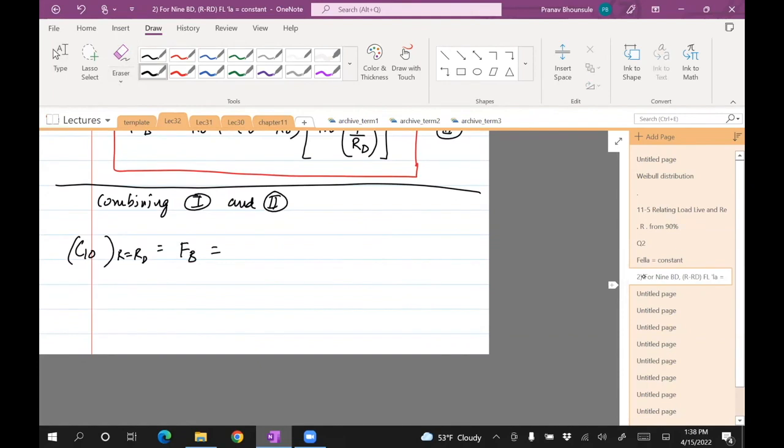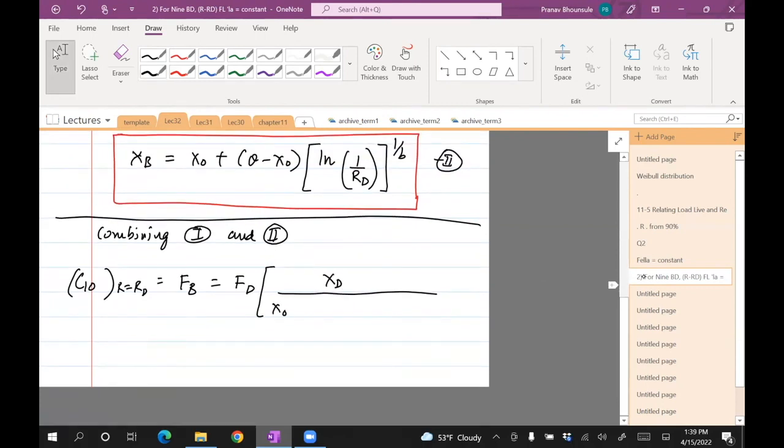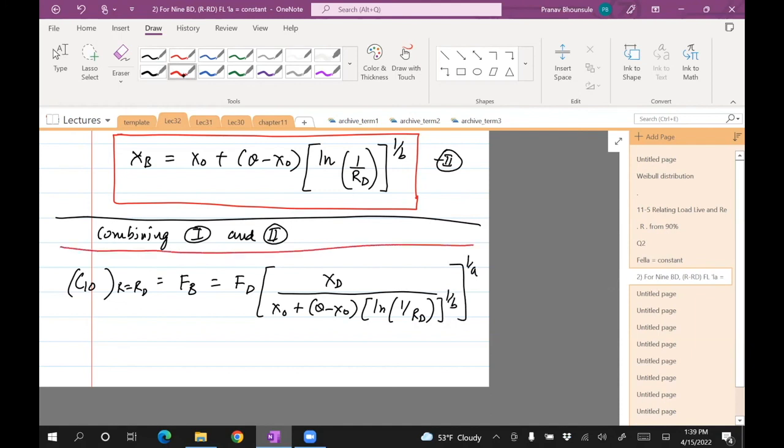FB equals FD times (XT/X0) plus theta minus X0, natural log of 1 divided by R T, to the power 1 over B, times 1 over A. Okay, so you can use this equation to find the C10 life at a reliability which is different from 90 degrees.